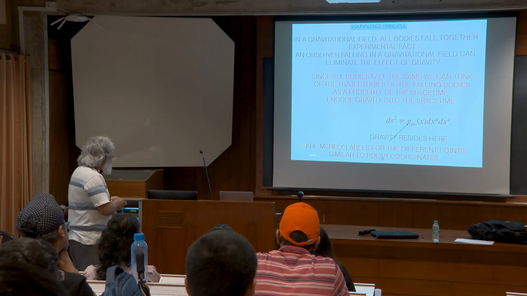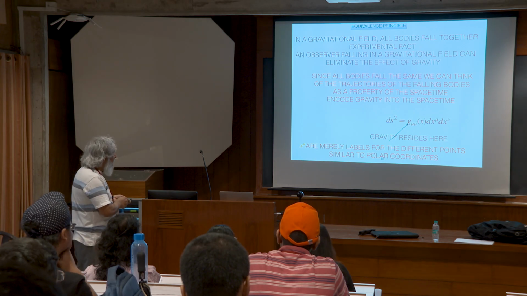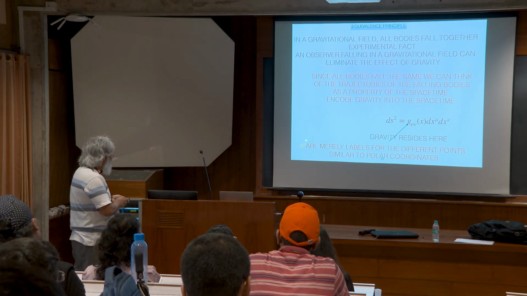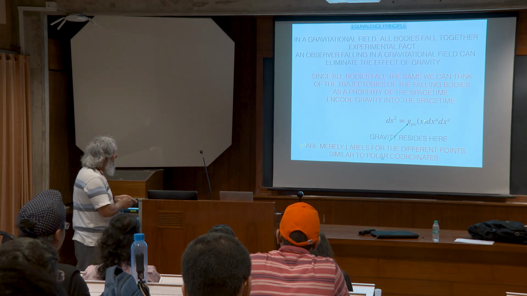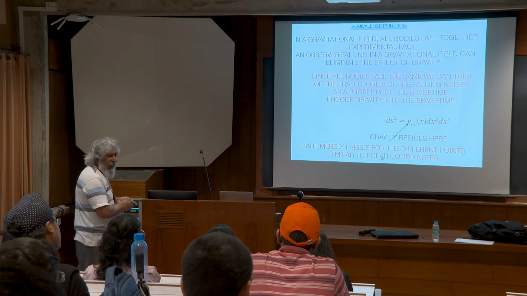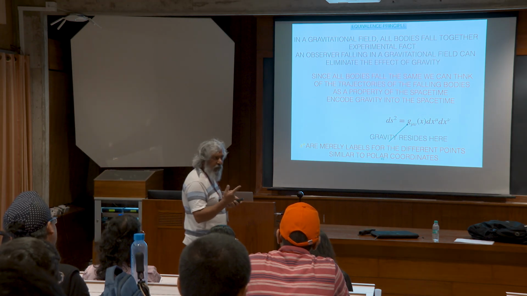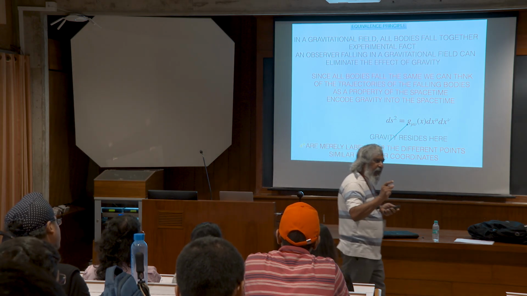And here, the x mu are merely labels for the different points, and it's very similar to polar coordinates. The x mu do not have the meaning of lengths. All the length information is contained in g. So you had coordinates doing 2 jobs before. One is labeling the points and measuring distances.